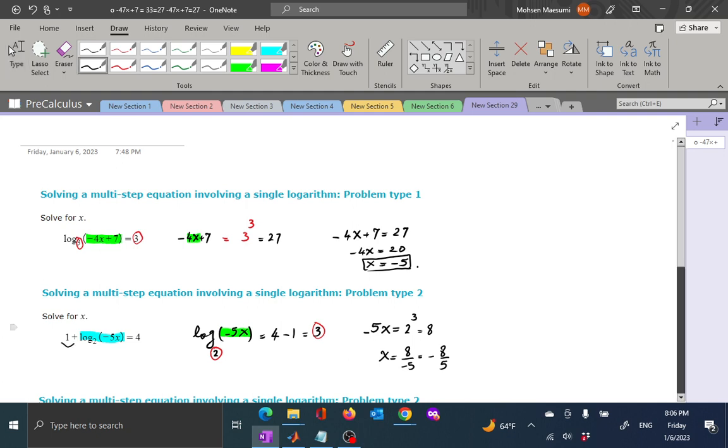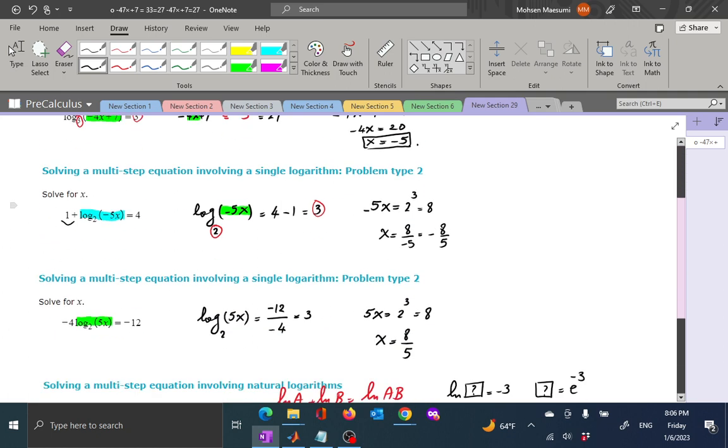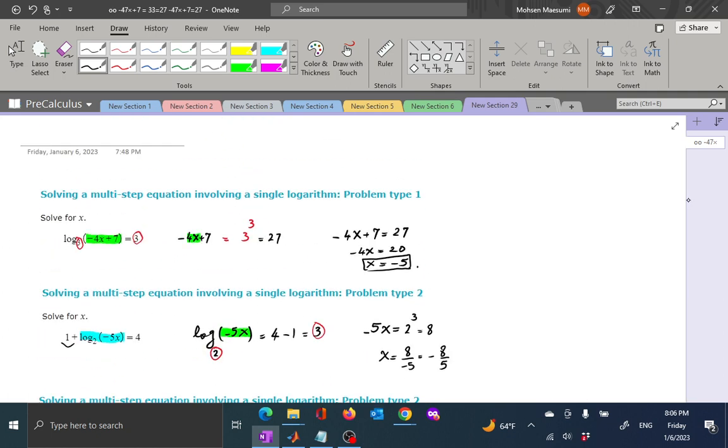If a number is added or multiplied, we have to get rid of those things first. Then we'll have the format of logarithm of some expression is equal to a number. And remember, you always use this: if I have logarithm of some expression in base b equal to some number n, then the expression is b to the power of n.